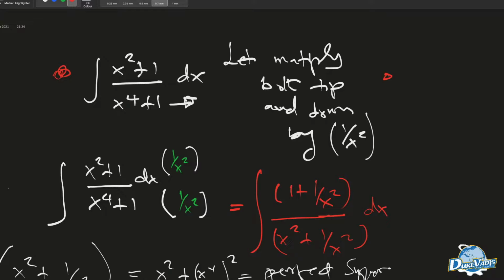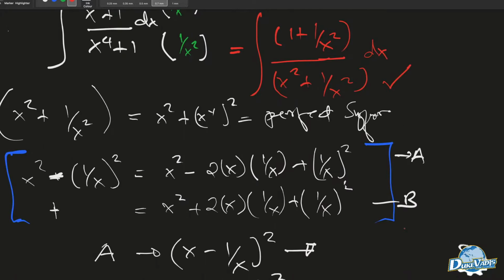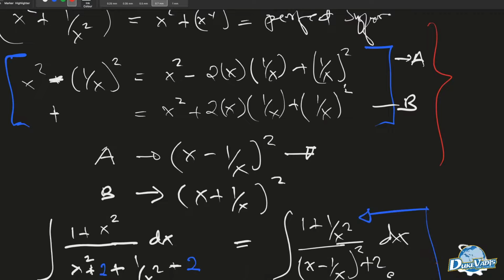So as you can see, x squared plus 1 over x to the power 4 plus 1 dx, we multiply through by 1 over x squared, both the top and bottom. And that gives us this. After simplification, this explains why we got to this.